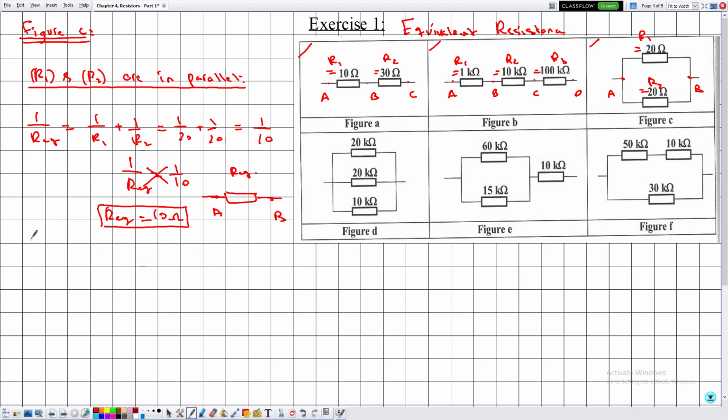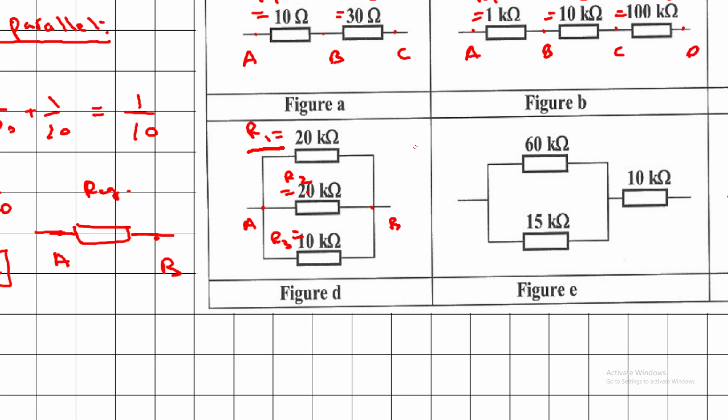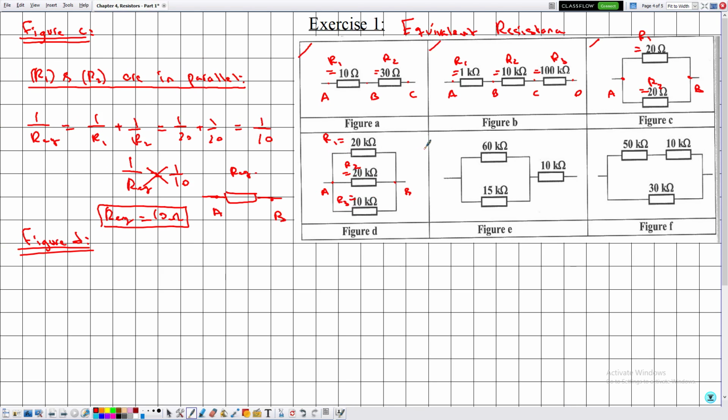Now as for figure D, let me say that this is R1, this is R2, and this is R3. This is the point A and this is the point B. Notice that R1, R2 and R3 are in parallel.